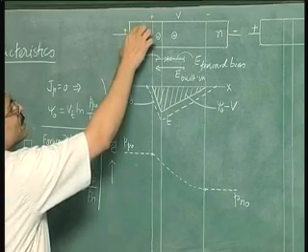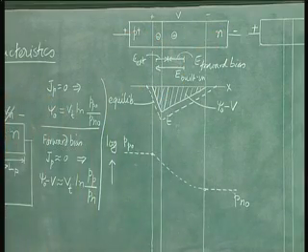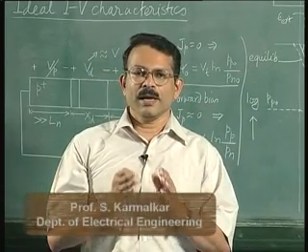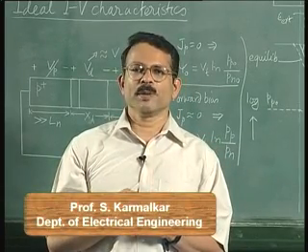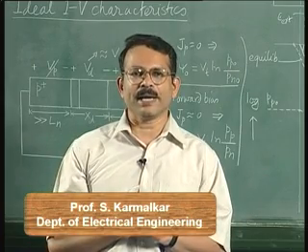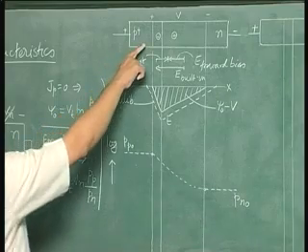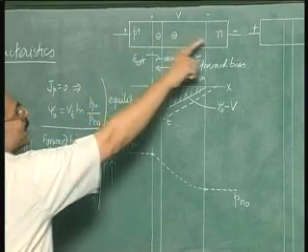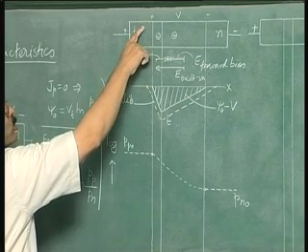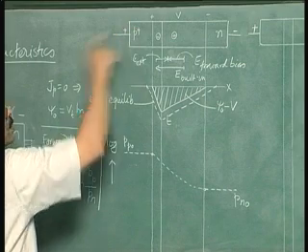But since these two regions are not space charge regions, they are quasi neutral regions, any excess electrons should be counterbalanced by excess holes, otherwise the neutrality will not be maintained. Therefore, if you have excess electrons injected into this region from the N side, excess holes will also appear here to compensate the excess electrons from the positive contact.